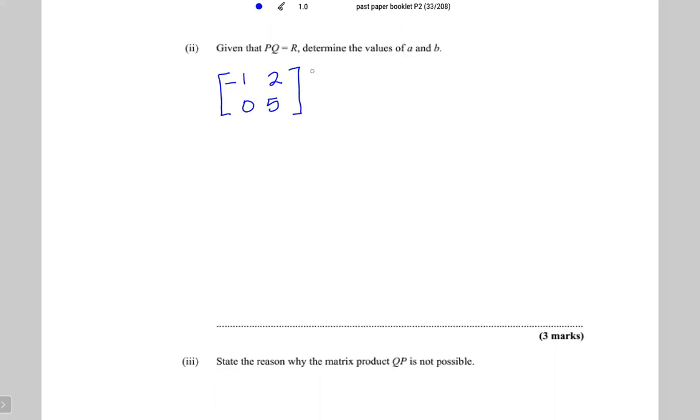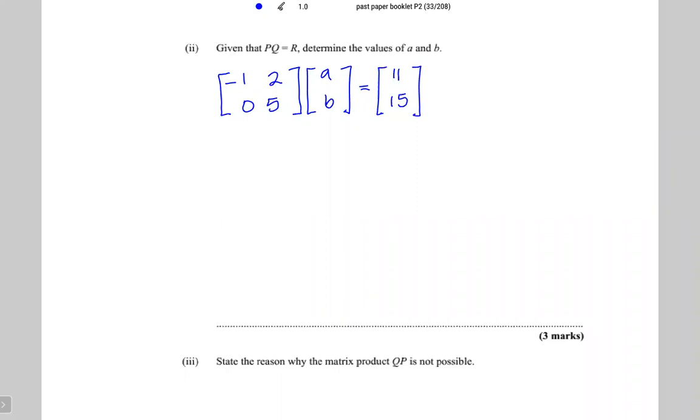That's P multiplied by Q, which is A, B, is equal to R, which is 11, 15. Stay with me. Now, two matrices are equal if they're of the same order and corresponding elements are equal.